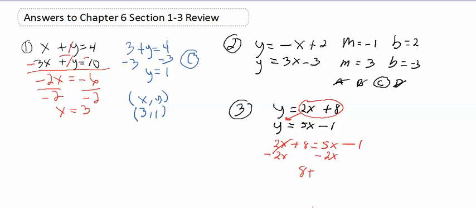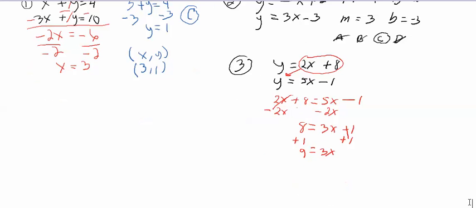Oh, that should be a minus, not a plus, or equal sign. Okay, moving it up a little bit, divide by 3, divide by 3. And my x is 3.